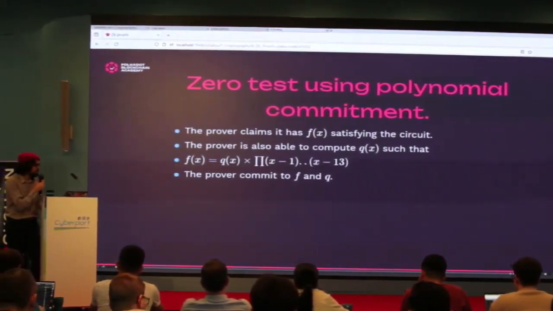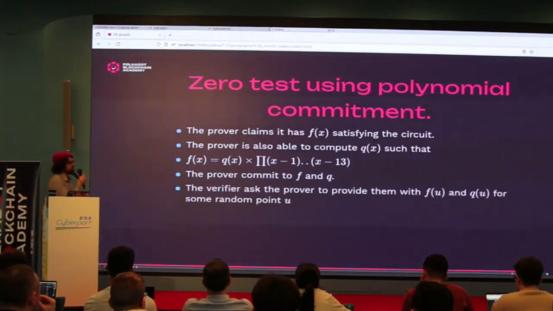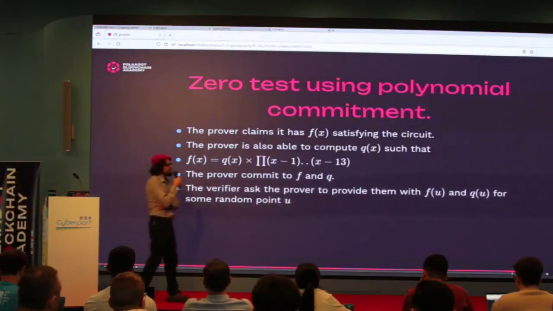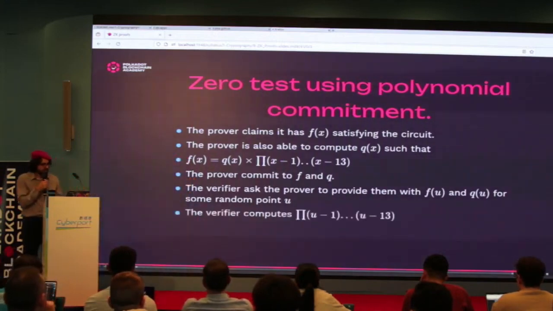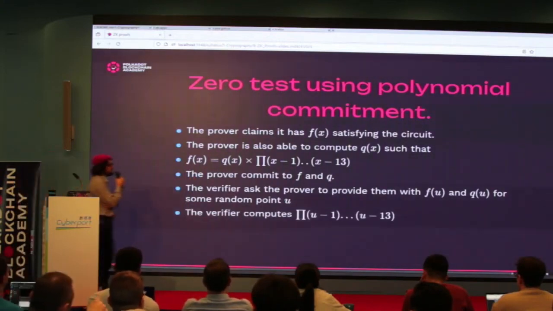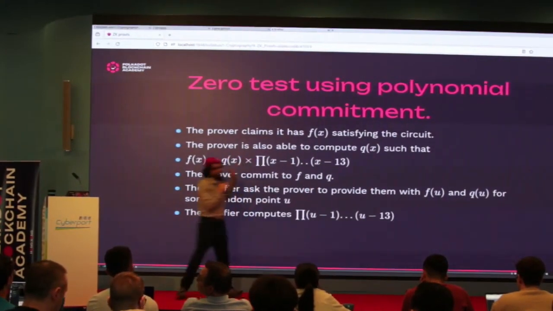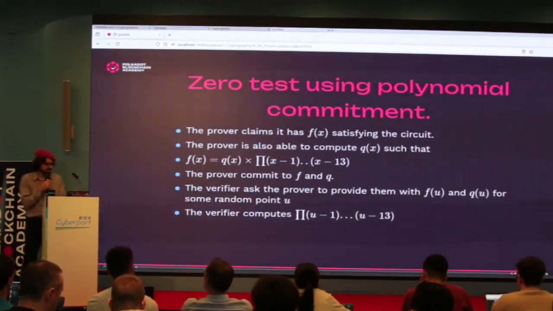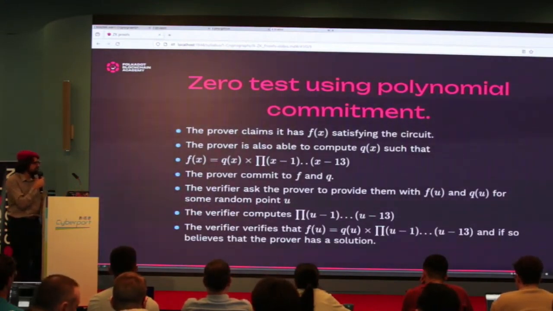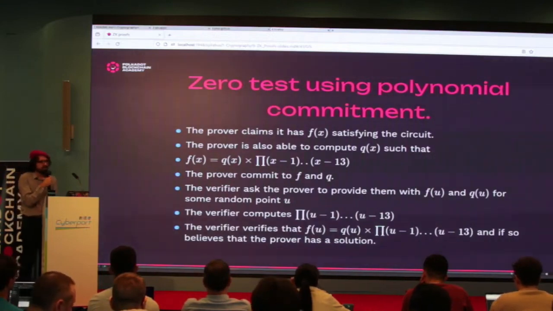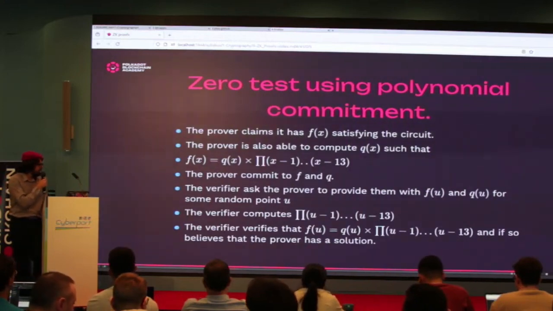They send the commitments to me, so they cannot cheat afterwards. Then I tell them some random point u and ask for the values of f(u) and q(u). I put those values into this polynomial relation, because this wasn't a secret, and verify if the equation holds. If it holds, it means they actually committed to the real polynomials. If they lie and tell me random values, then they cannot evaluate that polynomial and they fail.